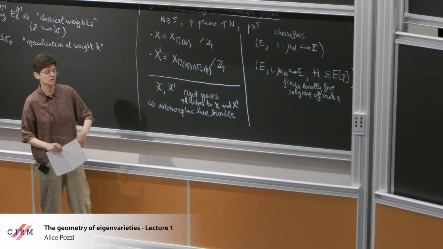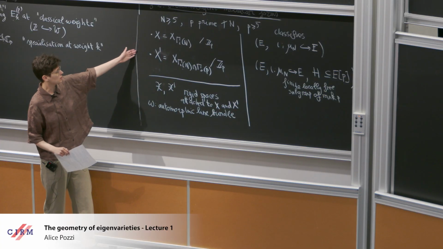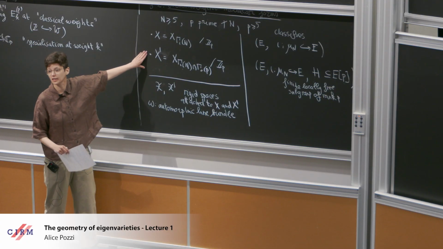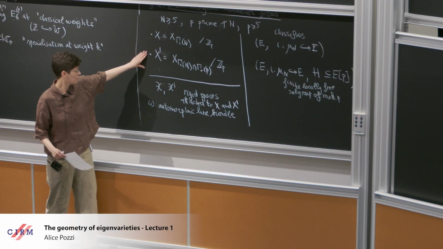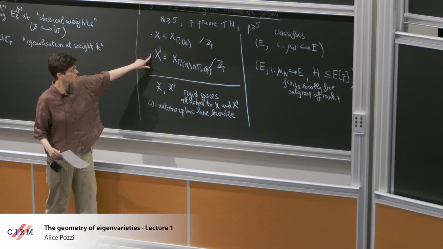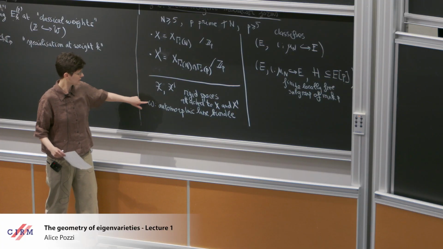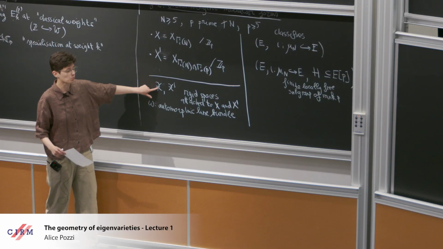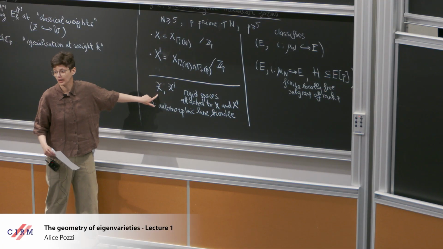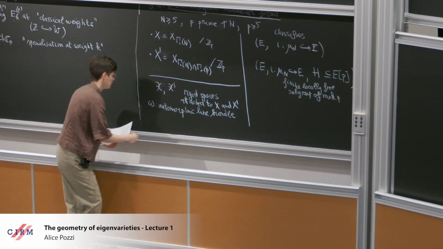Looking at sections of this guy gives you, in the classical sense, modular forms. In fact, it's also true that you can view this guy in the rigid world, take sections, and obtain the same thing.